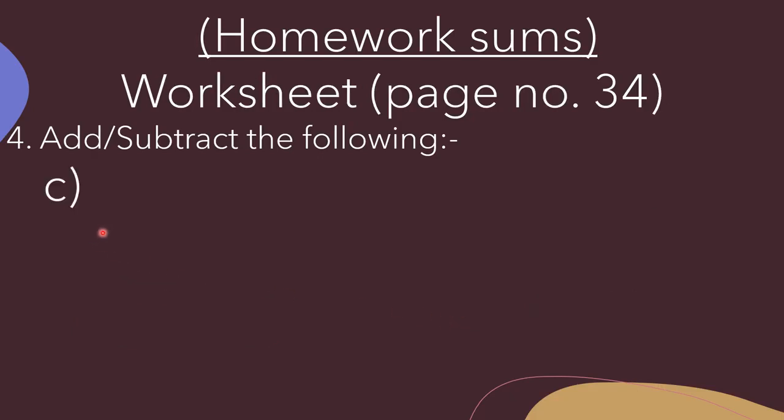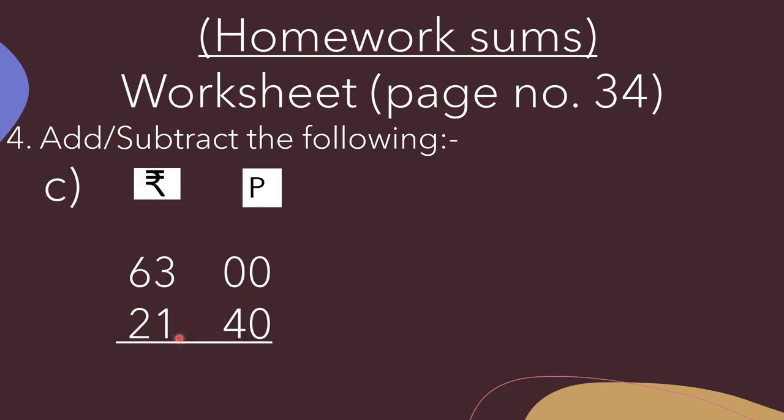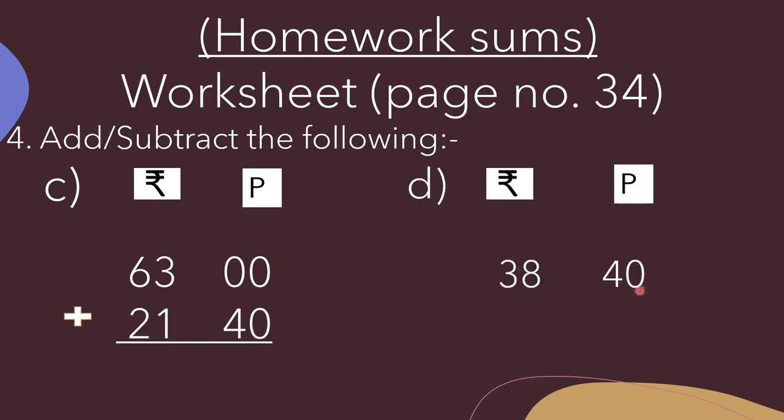In C part, it is given 63 rupees and 21 rupees 40 paise. You have to add these amounts. And in D part, again it is given 38 rupees 40 paise and 22 rupees 50 paise, and you have to subtract these amounts. So do it carefully. Focus on which sign is given.